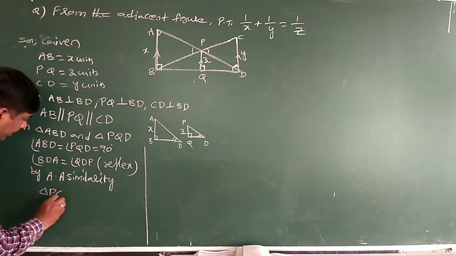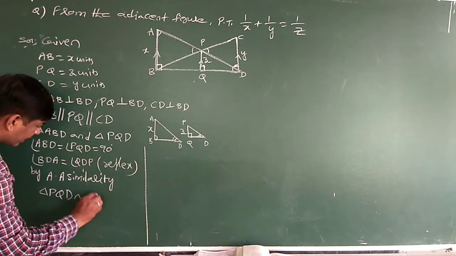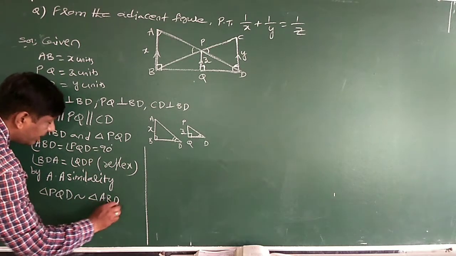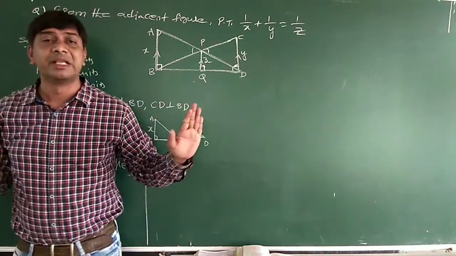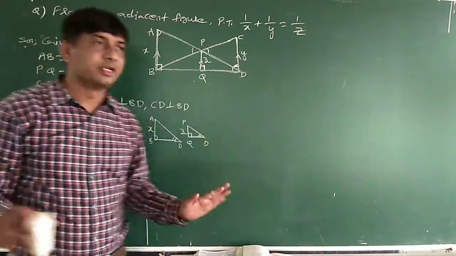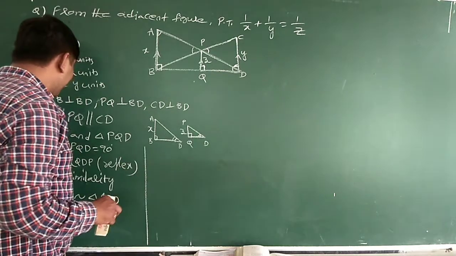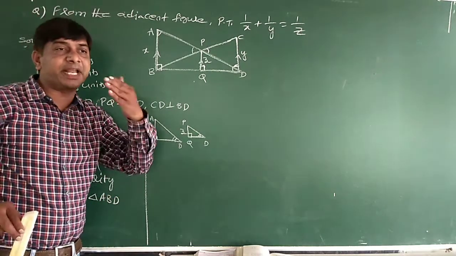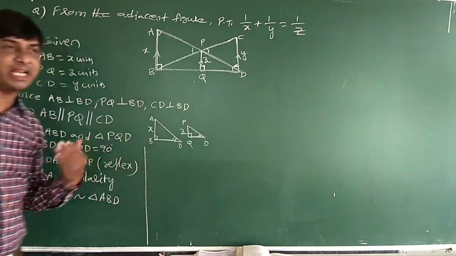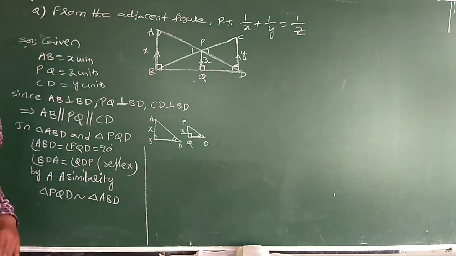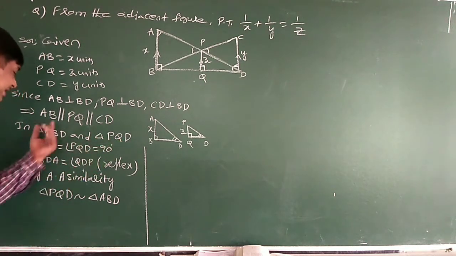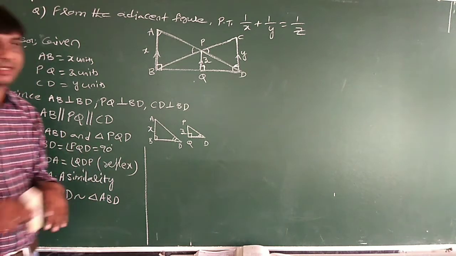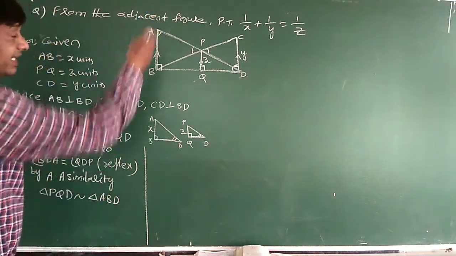Triangle PQD is similar to triangle ABD. Here you can take ABD similar to PQD also; there is no clash or disturbance, so you can take either one. For my convenience, I am taking the smaller triangle first and then the bigger triangle, because I need the reciprocals.